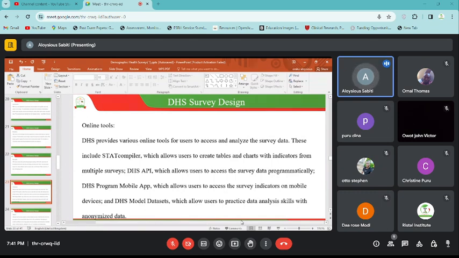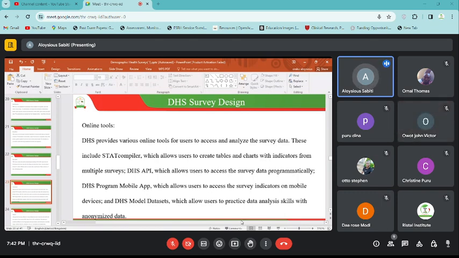So on your phone, you can actually download that DHS program, and you're able to do analysis of data. And this is where consultancy comes in. Your skills in doing data analysis can be improved when you access these particular modules.